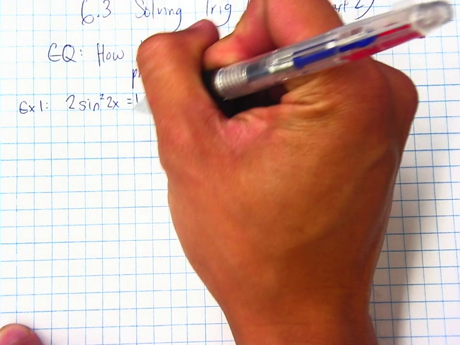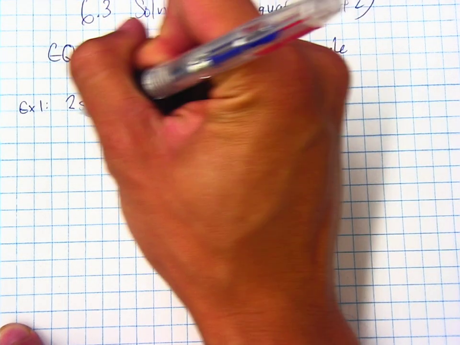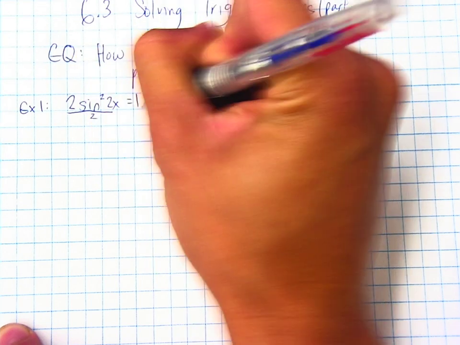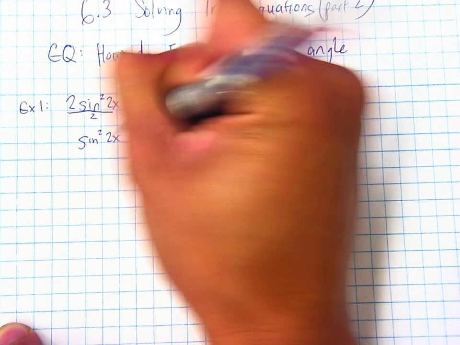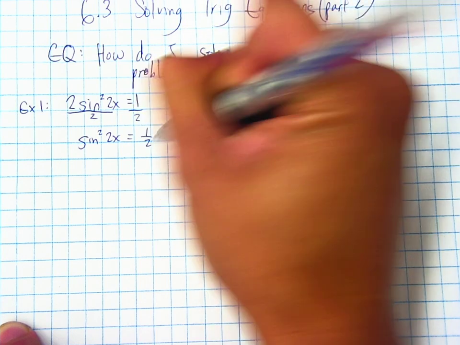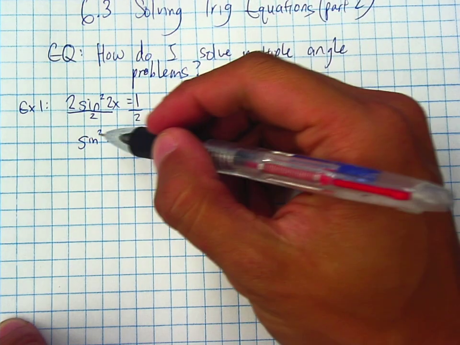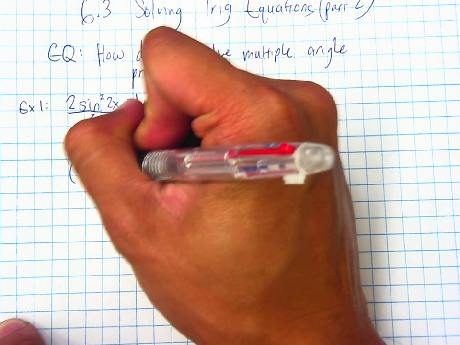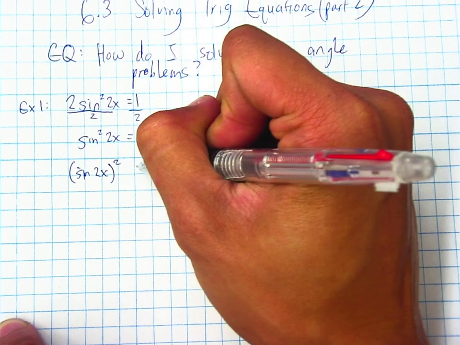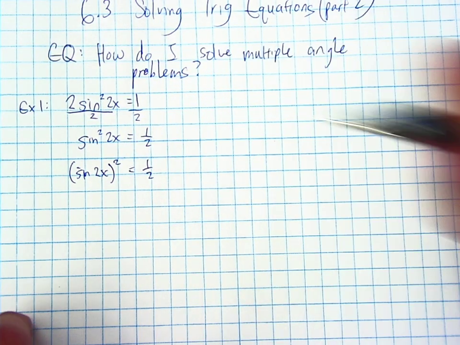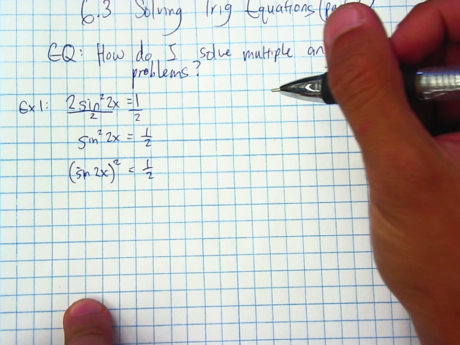Okay, so the first thing I'm going to do is divide by 2. I will have sine squared of 2x equals 1/2. And at this point, remember, when I'm squaring something, I'm actually squaring the entire sine of 2x. I wanted to show you that because now I'm going to square root both sides.